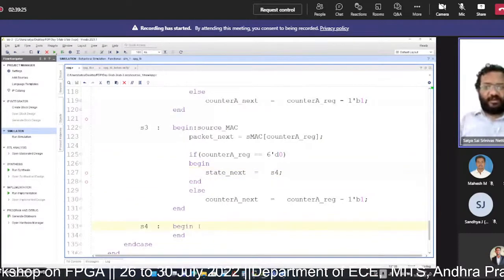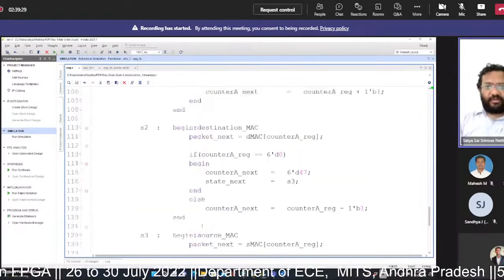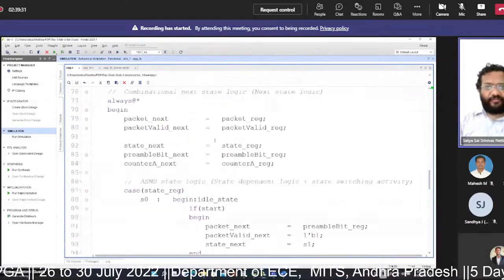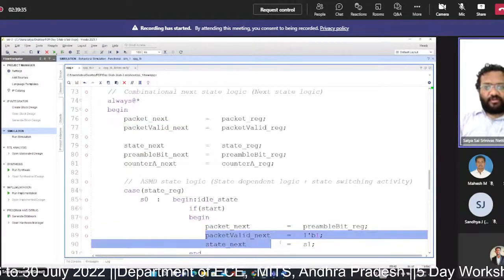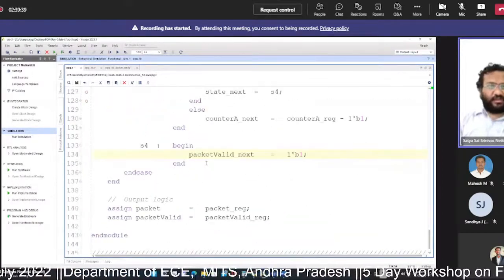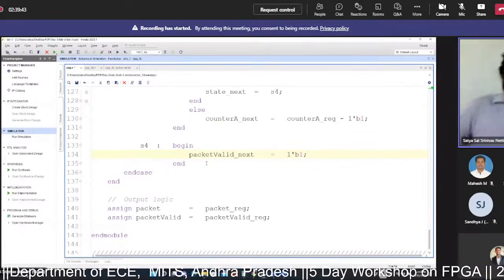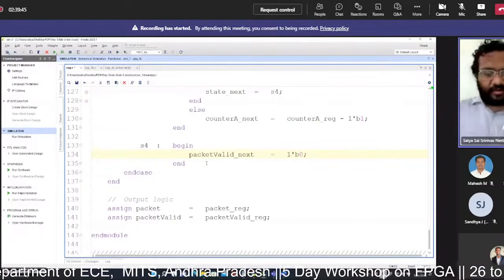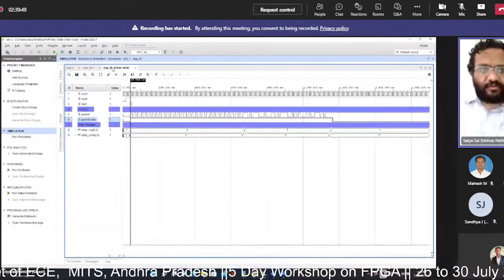Next step. For the time being, packet valid next, this output I will make 0. I will just check whether we are able to generate bits as of now or not.